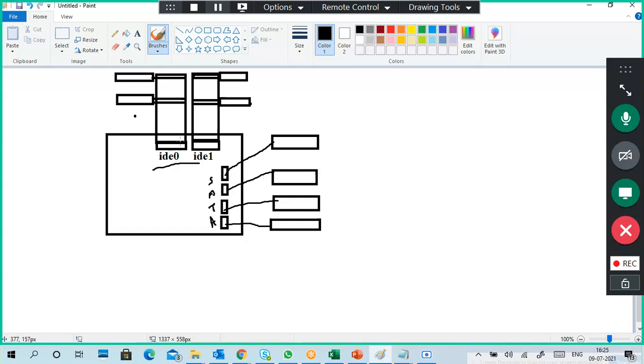Some give only a single IDE on a SATA motherboard, because many people are still using IDE type hard disks. How many disks can we connect? Maximum disk connection, either IDE or SATA.